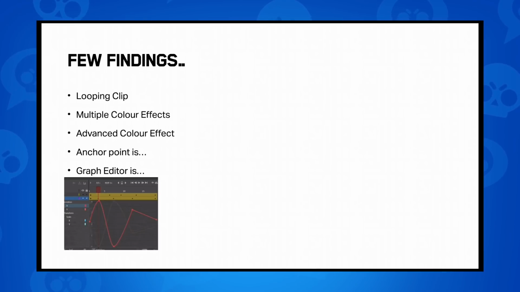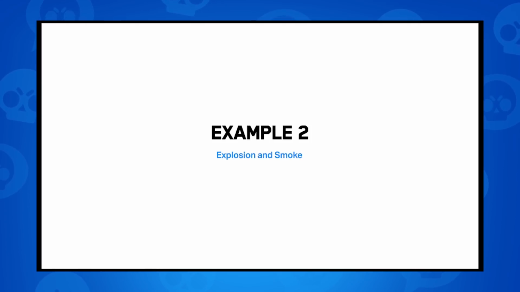Number 5. Graph editor is awful. I don't understand why every point gets affected when I modify one single point. If anyone knows the solution, please, I'm begging you, please let me know. Even though there were quite a lot of annoying incidents, it's not that bad, and the biggest outcome was confidence. Let's move on to the next example.